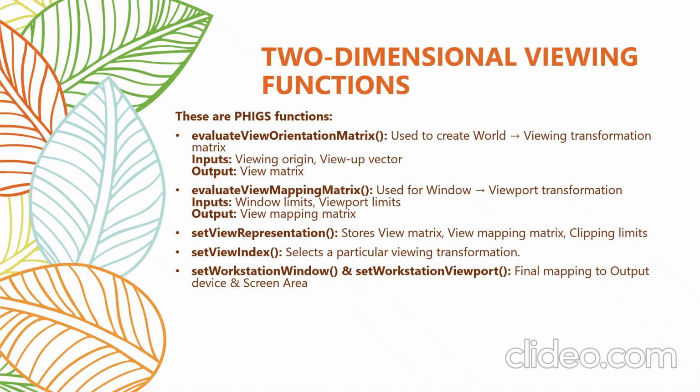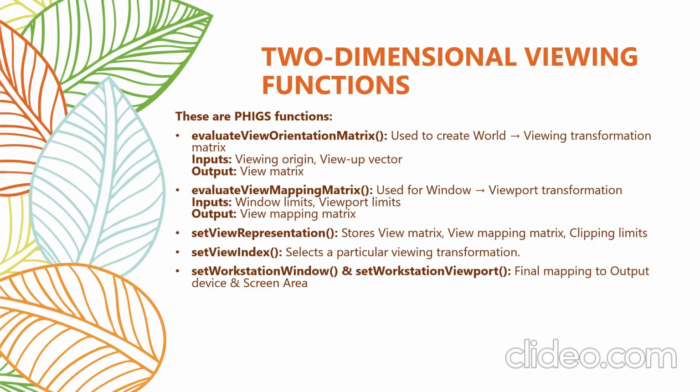This function creates the transformation matrix from world coordinates to viewing coordinates using the viewing origin and the view up vector. And the second function is evaluate view mapping matrix. This performs the transformation from the window to the viewport using the window limits and viewport limits.